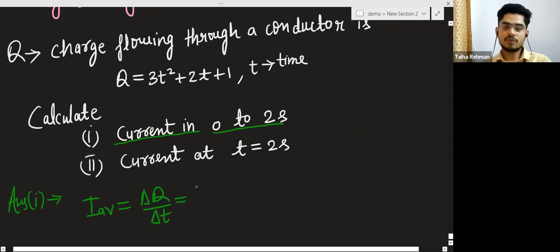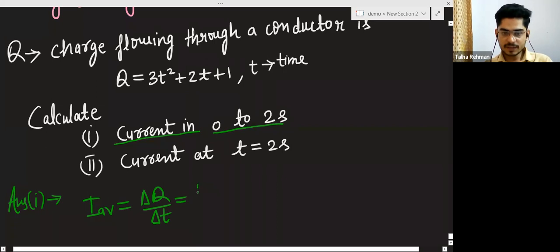So I can write it as: this is the initial stage and this is the final stage. At t equal to 0, I am taking the initial stage, and at t equal to 2 seconds, the final. Delta Q means change in charge in that time.